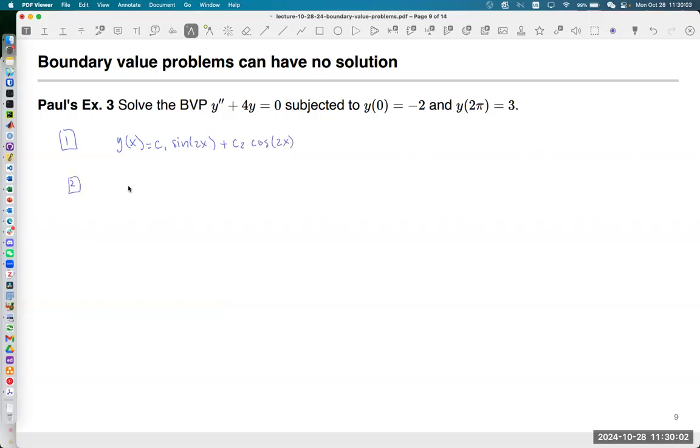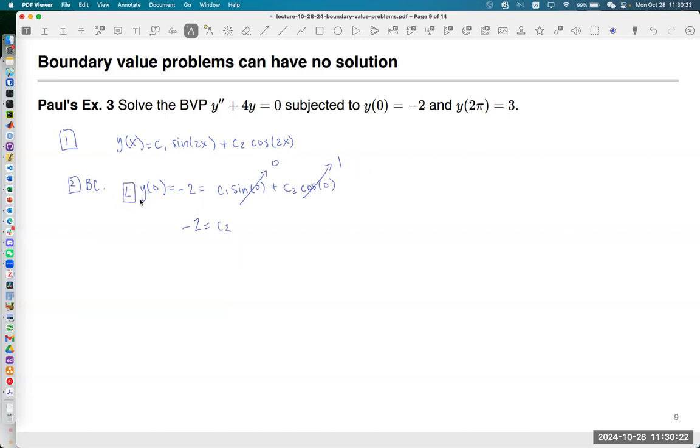And then second step, we look at the boundary conditions. So y of 0 is equal to -2. Substitute. So we have C1 sine of 0 plus C2 cosine of 0. This is 0, this is 1, all the same as before.